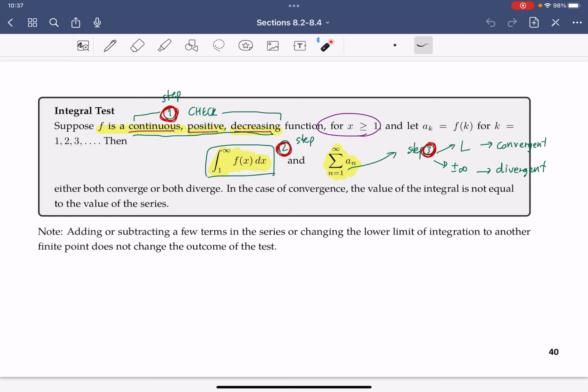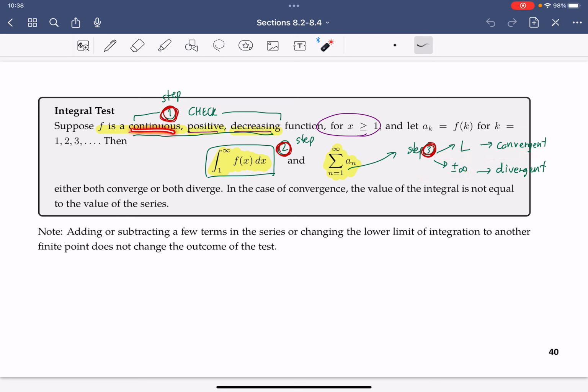Last time we said that in order to use the integral test, you need to check that the function is continuous, positive, and decreasing. Then you compute the improper integral. After that, if you get a limit L, you say that it is convergent. If you get plus or minus infinity, you say that it is divergent.